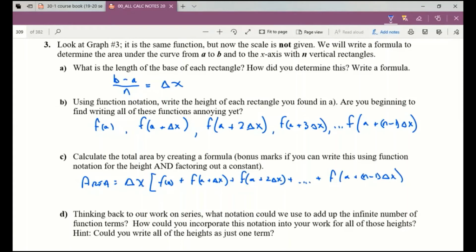So those are the heights of each of the rectangles, multiplied by the width of each rectangle out front here, gives us our total area.